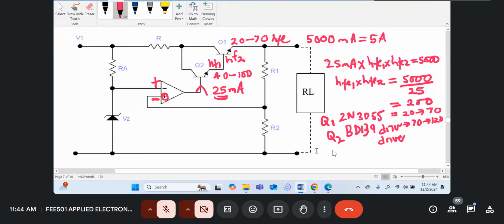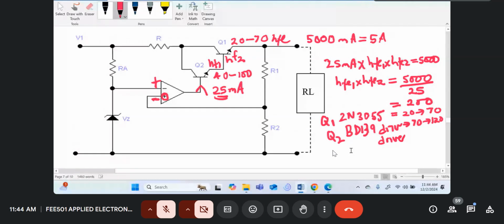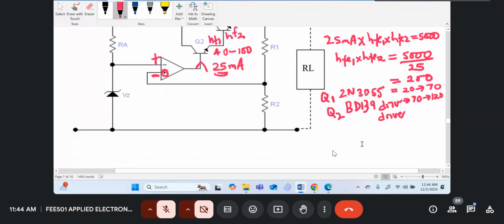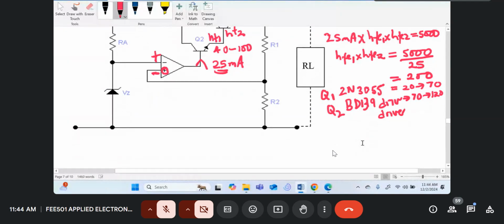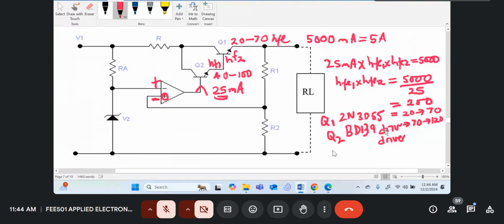So we normally use worst case design. So let's assume the first transistor, this Q2, has an HFE of 40, because the manufacturer says it can vary from 40 to 100.